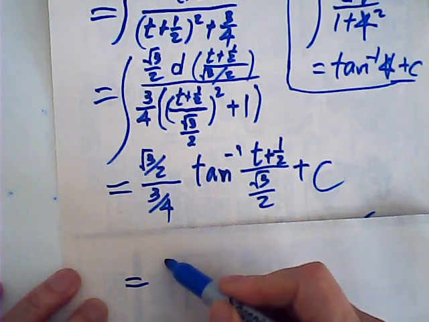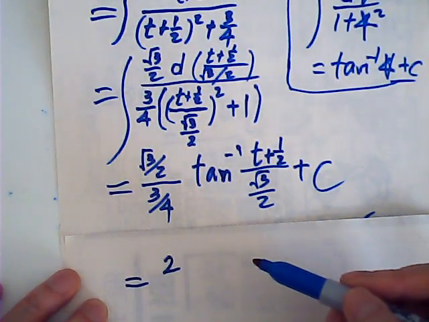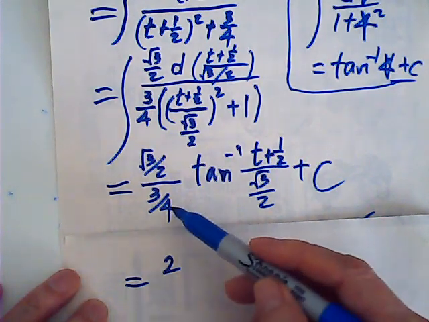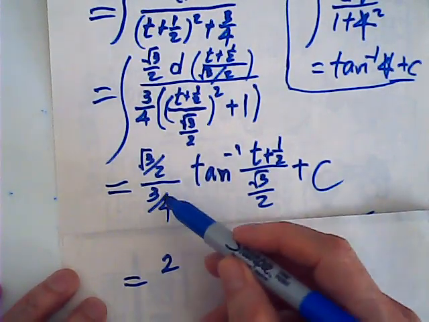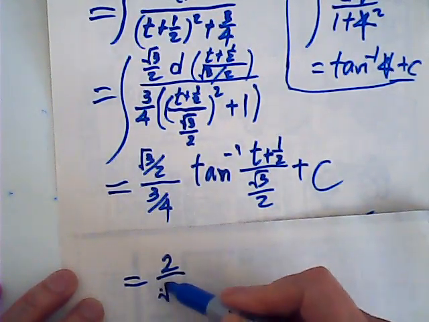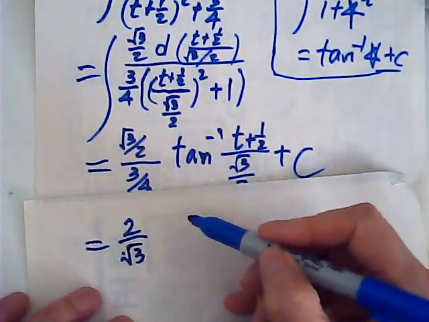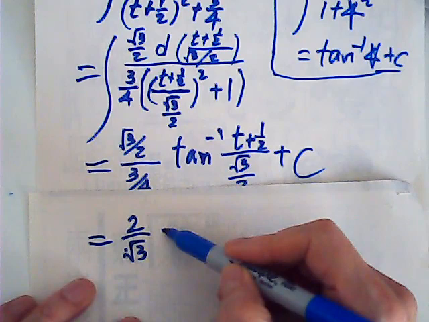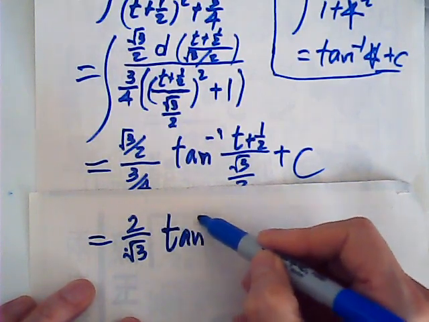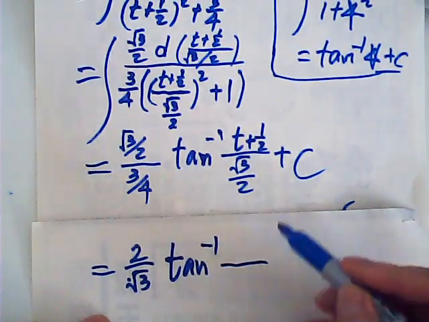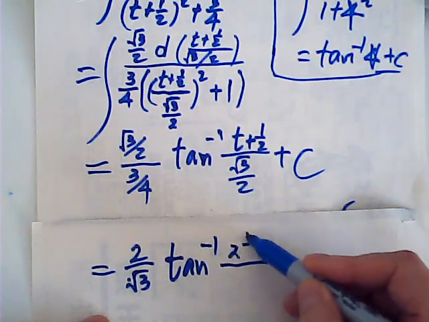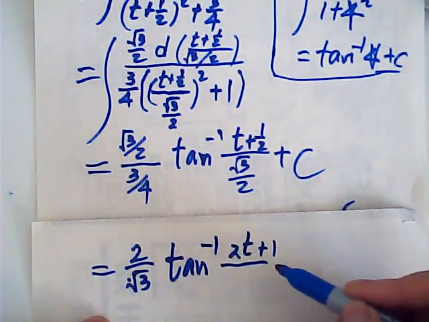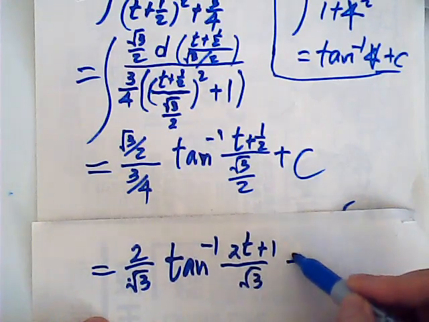This is a 2, right? Yeah. This is a 2. This is a root 3. Okay. And arctangent. This is 2 out. This is 2t, right? Plus 1, over root 3, plus c. Yeah.